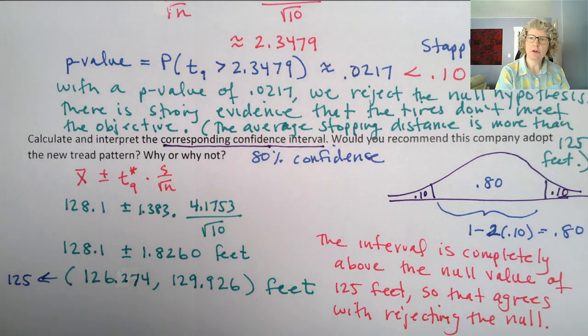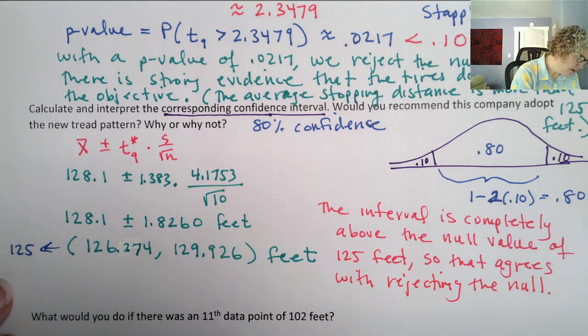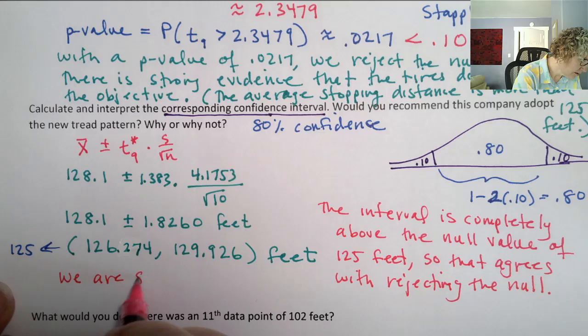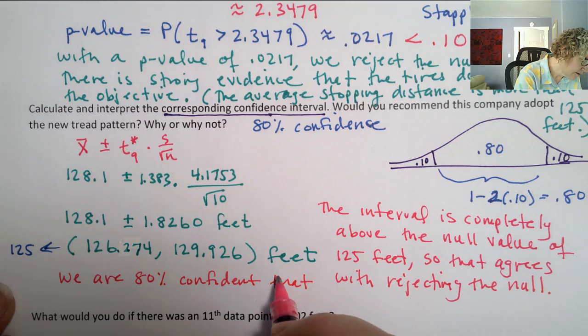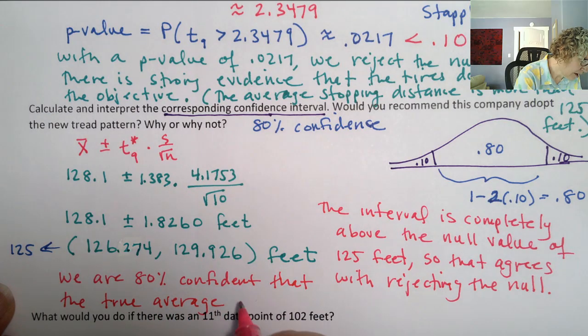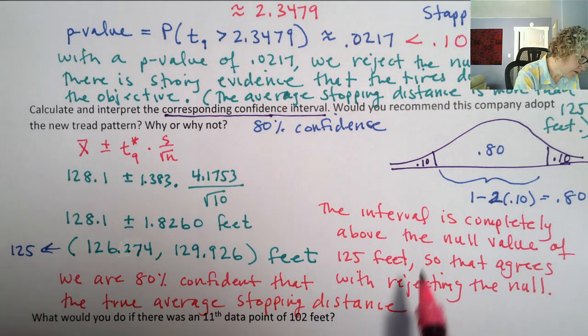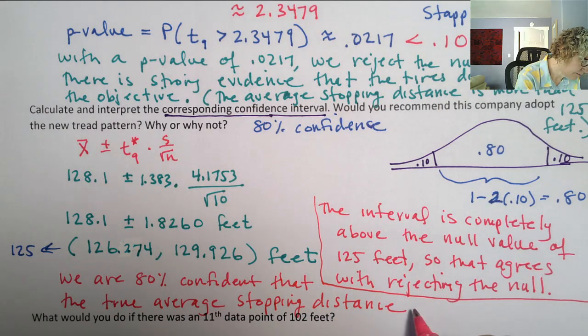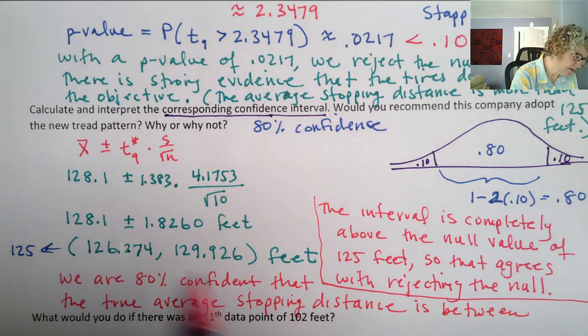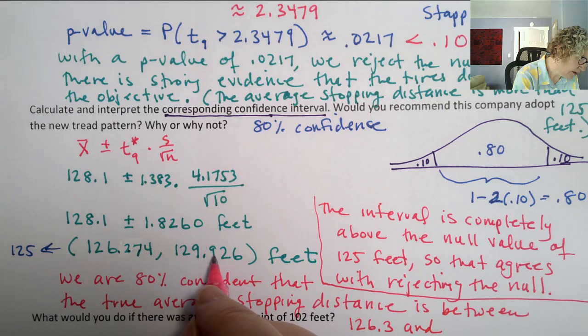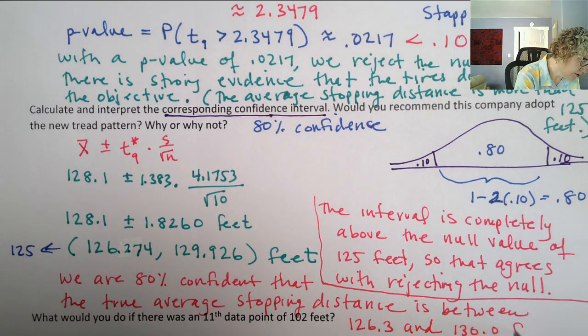Okay, and then to actually interpret the interval, we would say we are 80% confident that the true average stopping distance is between, now here I'm going to round because I don't think it's necessary to have so many digits, 126.3 and 129.9, that would round up to 130.0 feet.